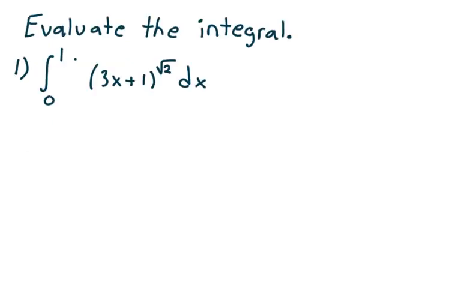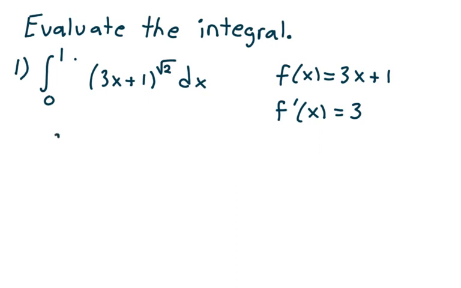Okay? Now, let's circle back. Suppose I'm given something like this. Now, my function is 3x plus 1. If I take the derivative, I get 3. But notice how I'm missing a 3. So I want to put that 3 inside.